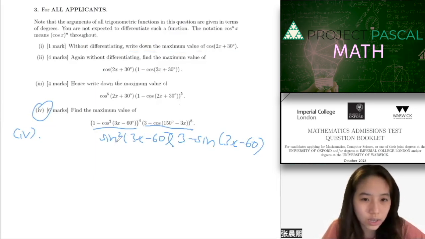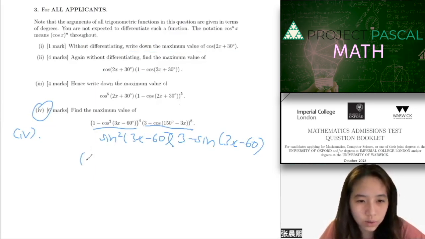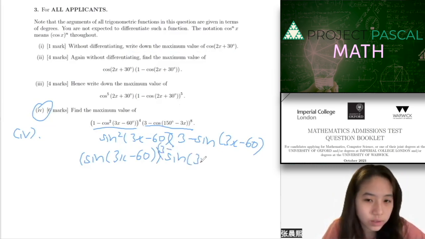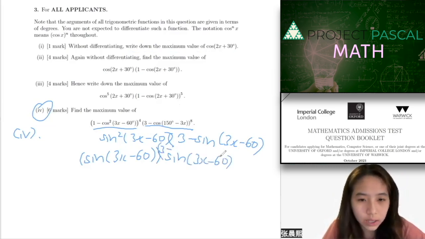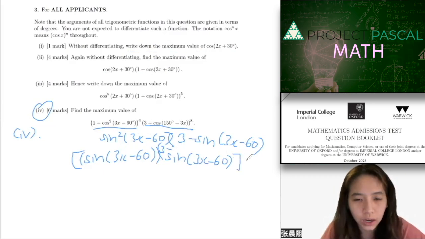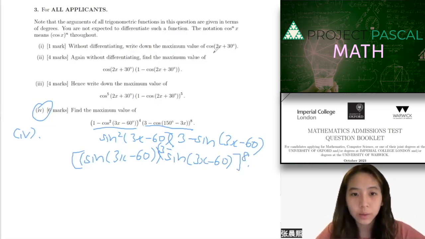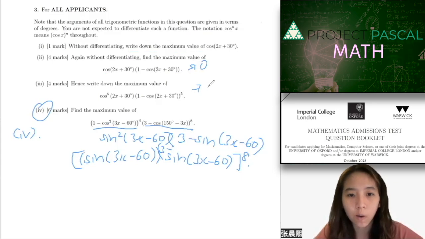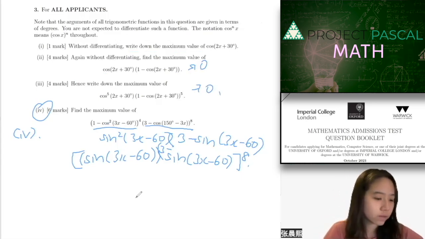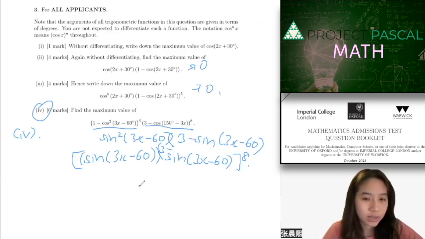And so you raise everything to the power of 8, which is slightly different because for the previous questions, these are all odd. So now you have to take note of something slightly different.